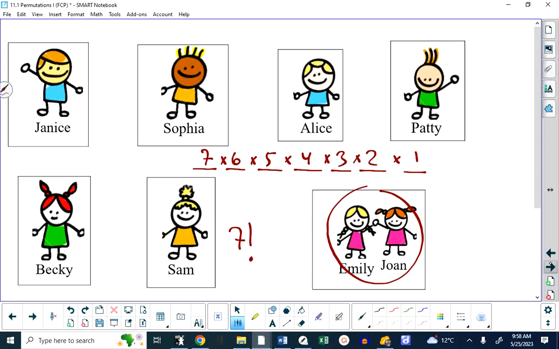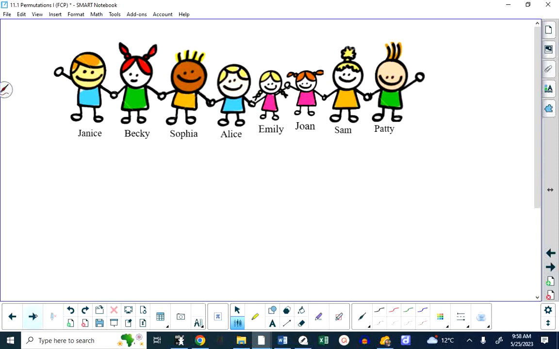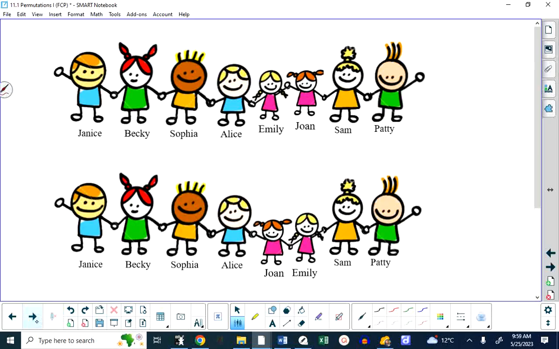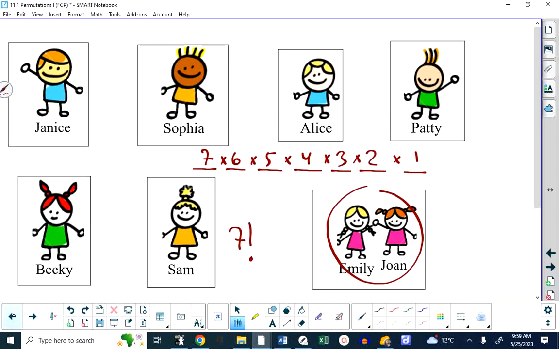They might be in a different order. Absolutely. Take a look at this lineup. Take a look at this lineup. Take a look at where Joan and Emily are. It's different. So what you have to do here, Bobbie Bear had to put on a pair of pants and a shirt. What the photographer has to do is arrange these 7 things and arrange Joan and Emily.